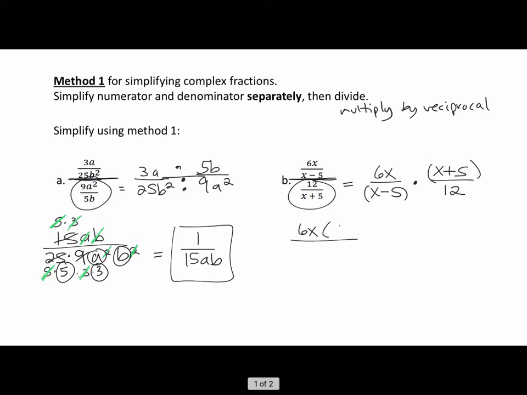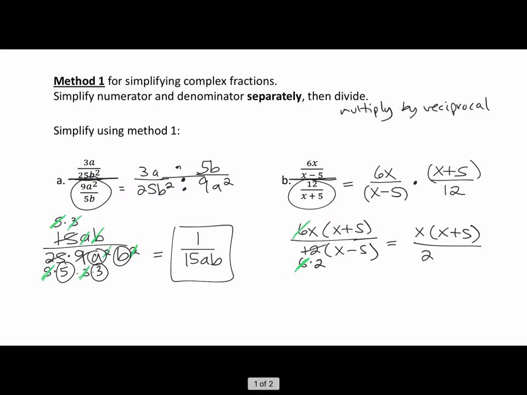So 6x times x plus 5 in the numerator, and 12 times x minus 5 in the denominator. So then I can definitely divide a factor of 6 from the numerator and denominator, and that's it. So let's see. In the numerator, we have a factor of x and x plus 5 left.